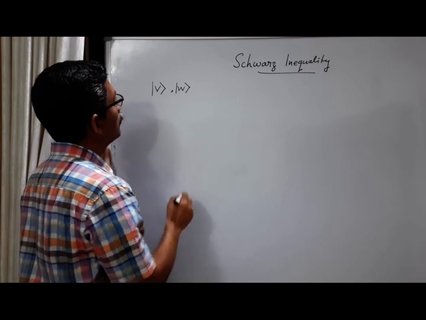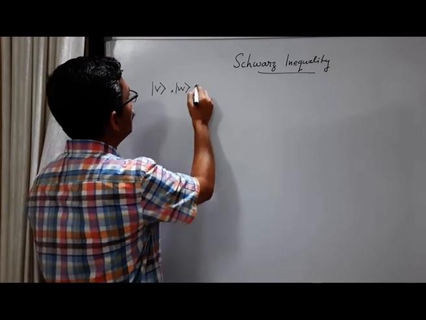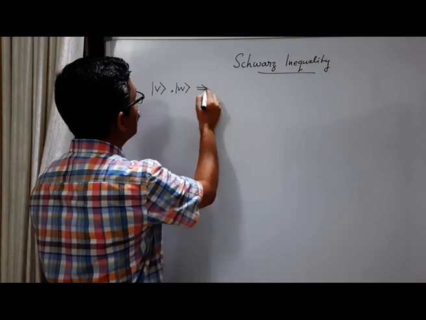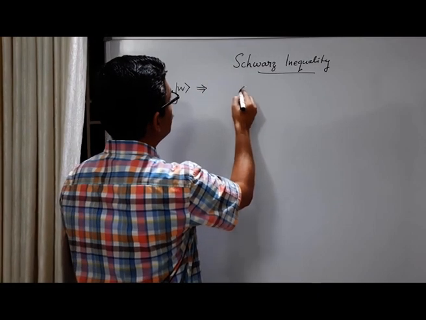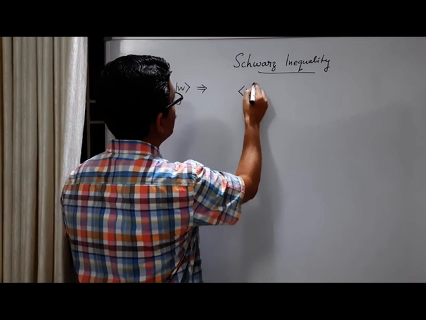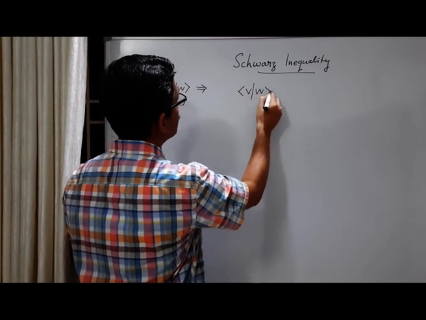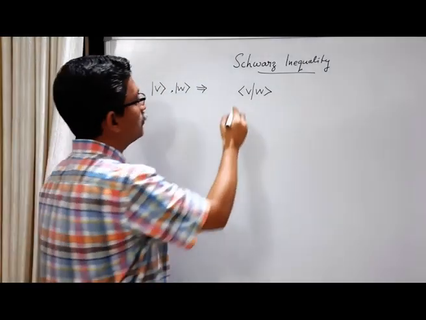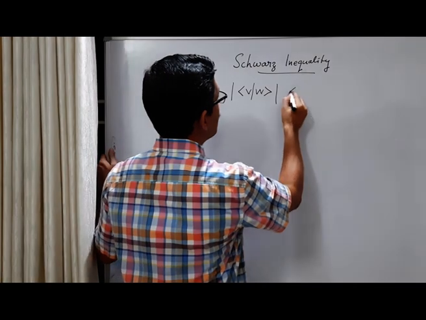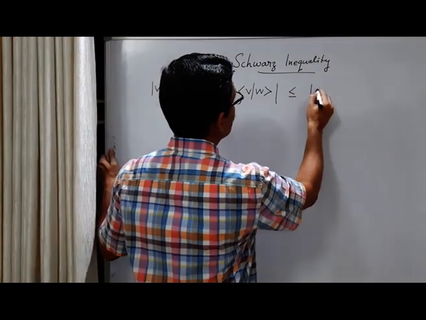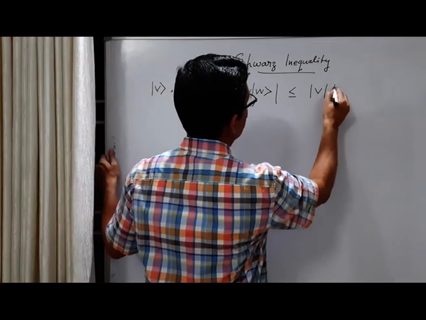Then the Schwarz inequality says that the modulus of the inner product between these two vectors will always be less than or equal to the product of the norms of these vectors.